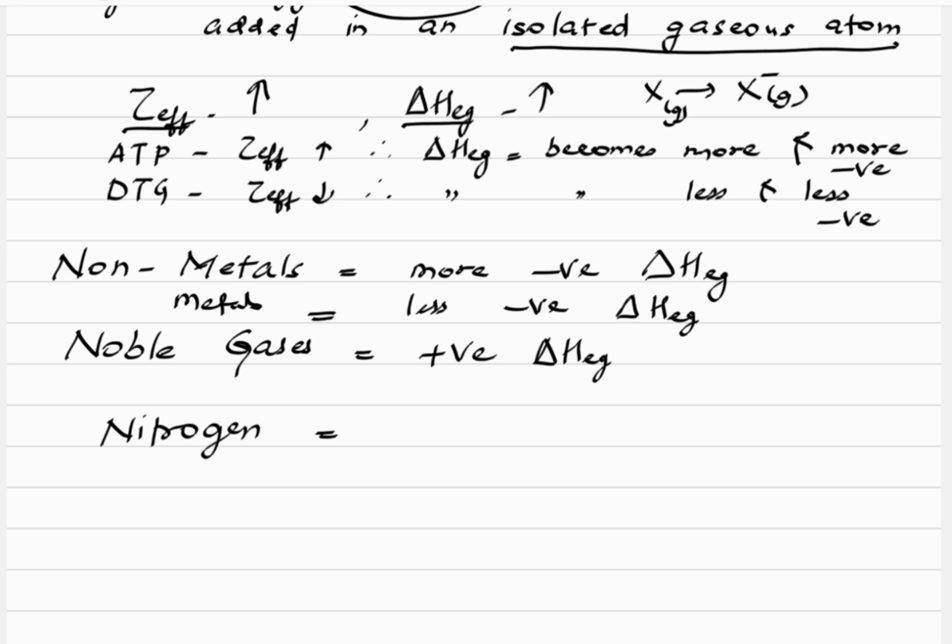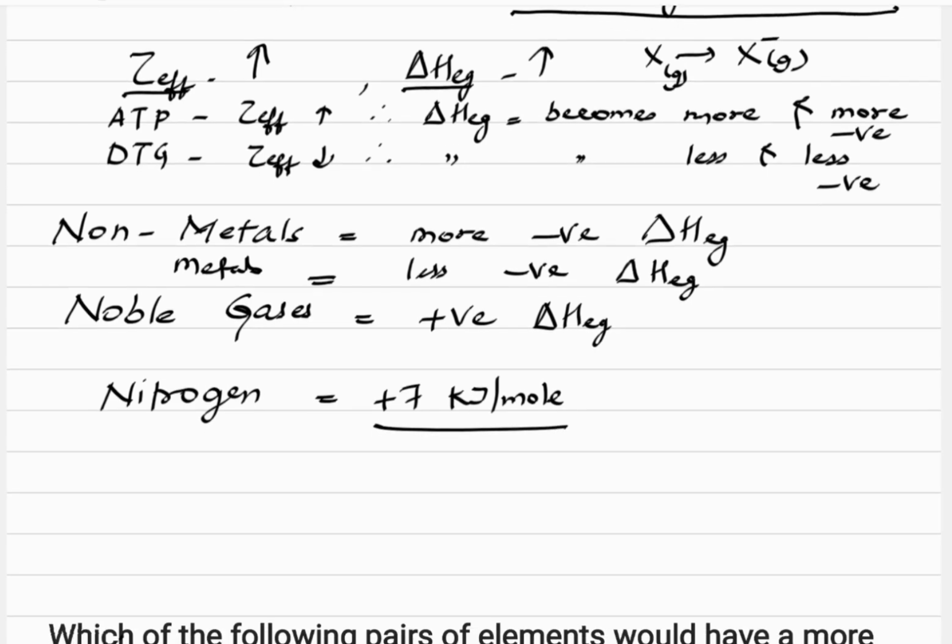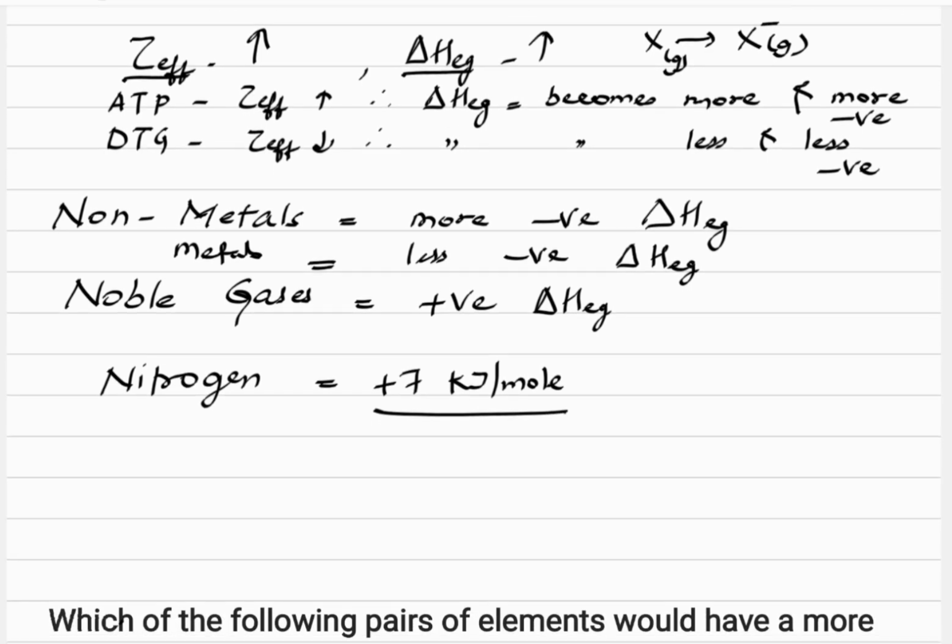Nitrogen, although it's a non-metal, also tends to have a positive electron gain enthalpy. The positive number is not very high, it's merely plus 7 kilojoules per mole, but still it's positive. Now, why is it positive? Why, even after being a non-metal, is it reluctant to accept an electron?